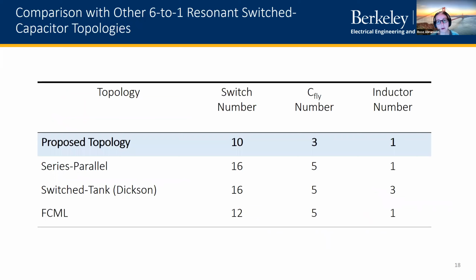So we can compare this topology with some other 6-to-1 conversion ratio resonant switched capacitor topologies. All of these other topologies that we're looking at are also operating in a resonant mode, where they could achieve soft charging. And if you look at the number of switches and the number of flying capacitors, for the topology that I've just proposed, C1, C2, and C3 are considered flying capacitors.